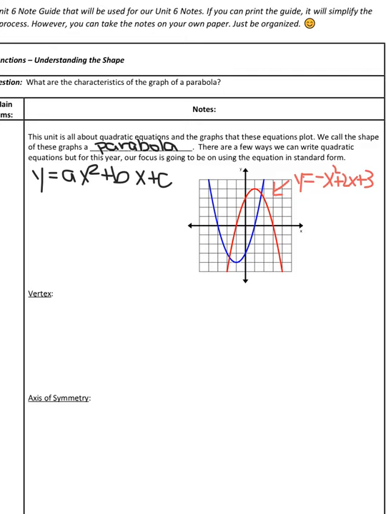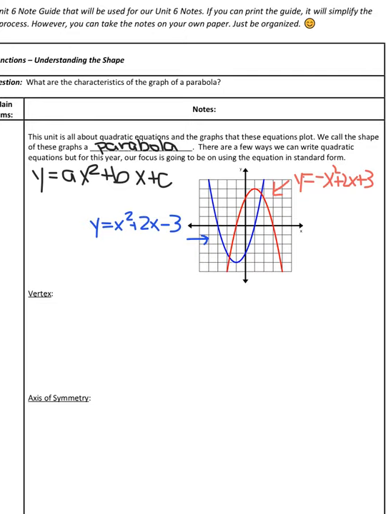The blue one over here, it looks very similar, and the shapes of these parabolas look very similar if you look at them. This is y equals x squared plus 2x minus 3. So the c term is different for these two, and the a term is different. The b term in the middle happens to be the same. All right, so these are just the equations as a reference point.